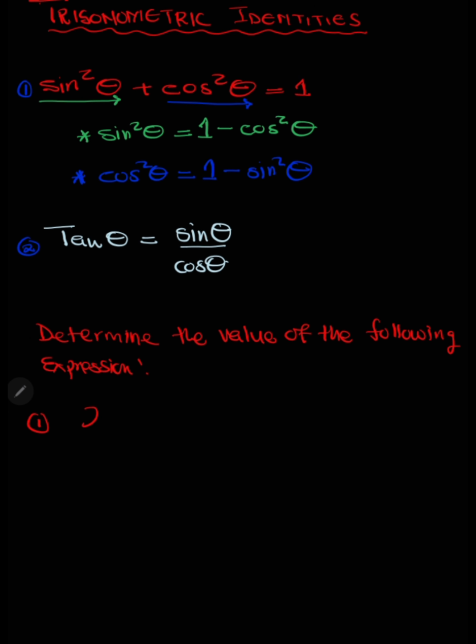Number one, you have 2 sine x multiplied by cos x, in brackets 1 plus tangent squared x, over tangent x.